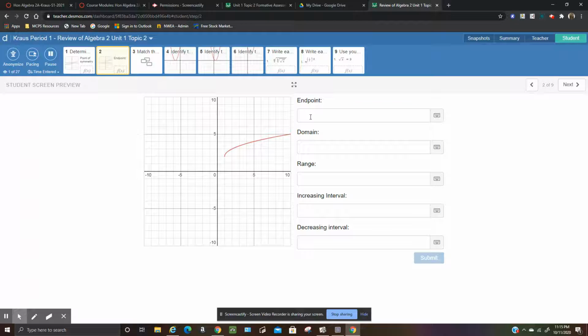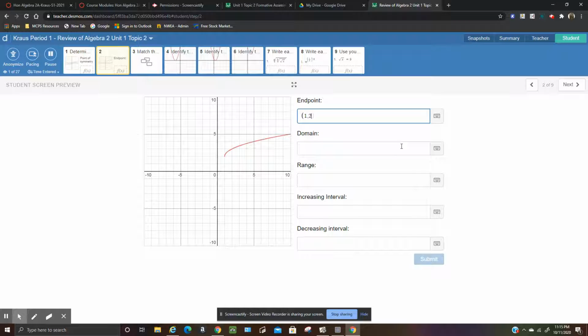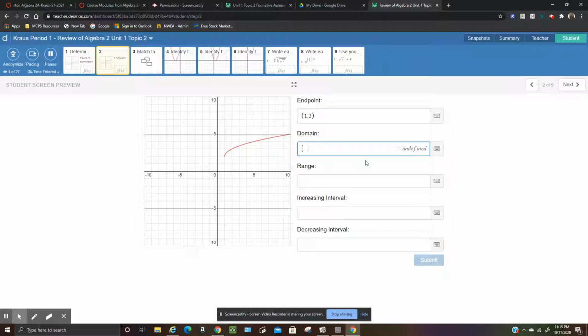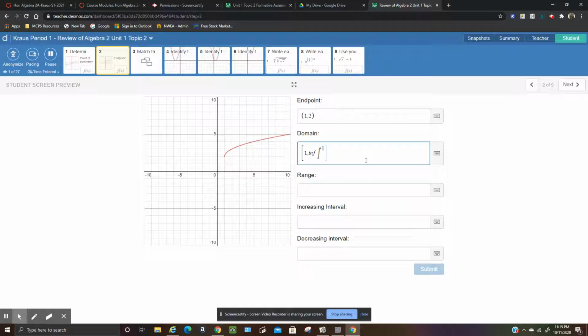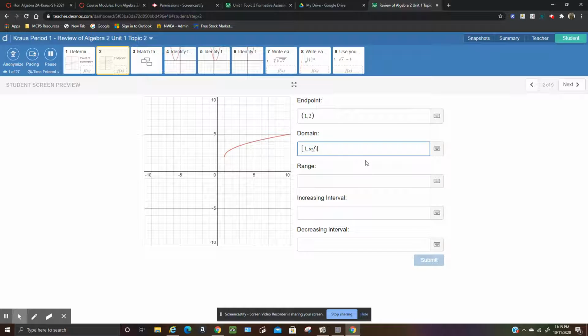Slide 2, the endpoint is at 1, 2. The domain is square bracket 1 to infinity. The range is from this point here, 2 to infinity.